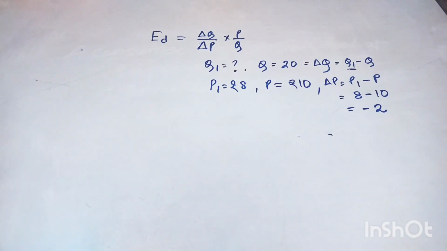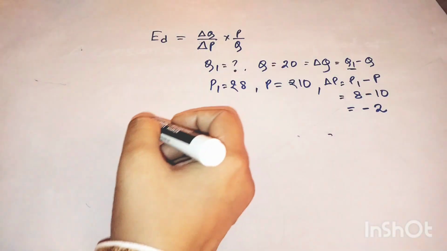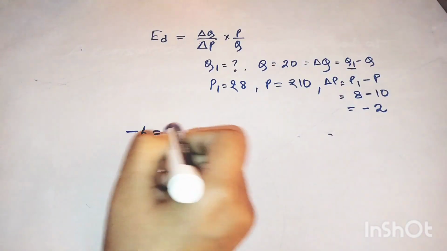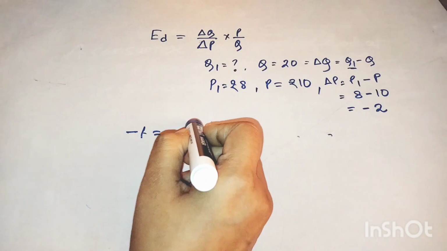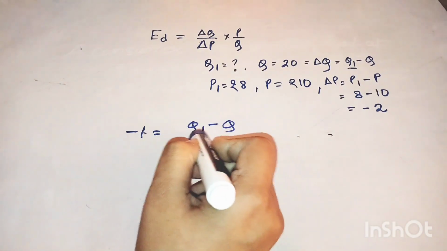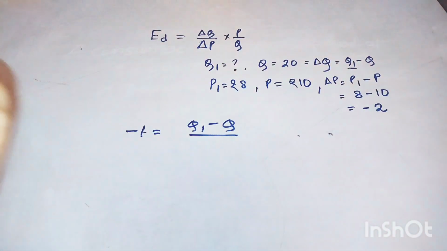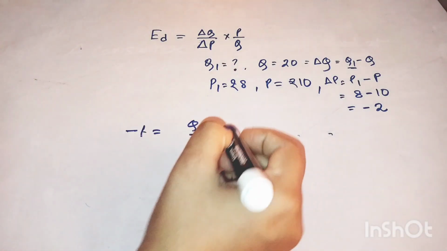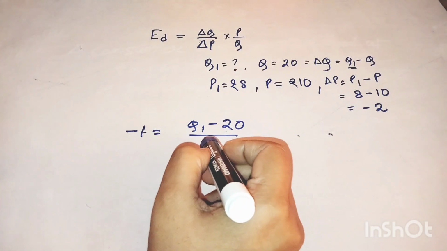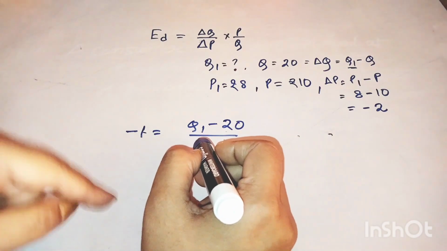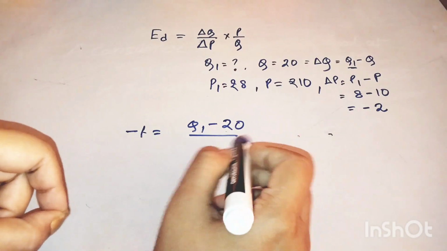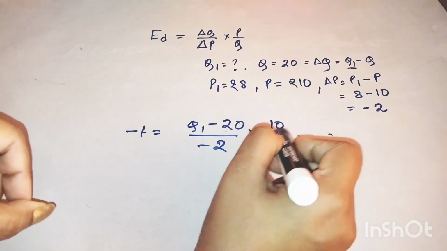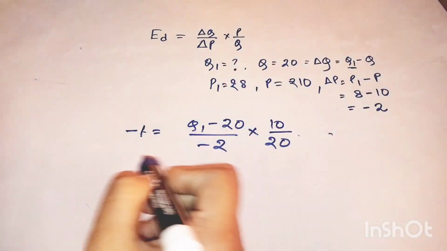Okay, now we are going to put in the formula. What is ED? ED is given as -1. What is del Q? We don't know, so Q1 minus Q. Q1 we don't know, Q we know. Q is 20. Next, del P. Del P is what? -2, into P, which is 10, by Q, which is 20.